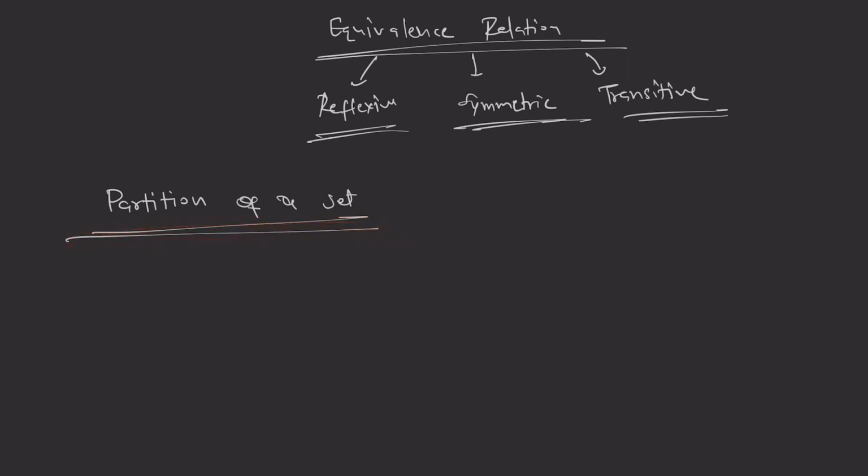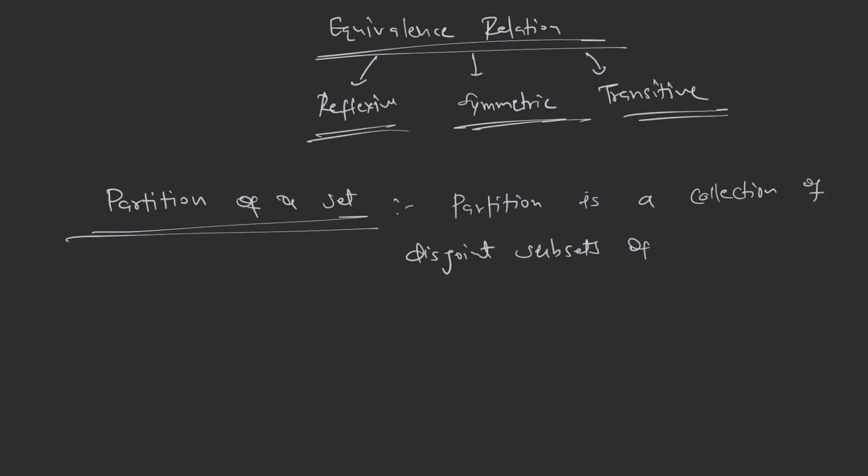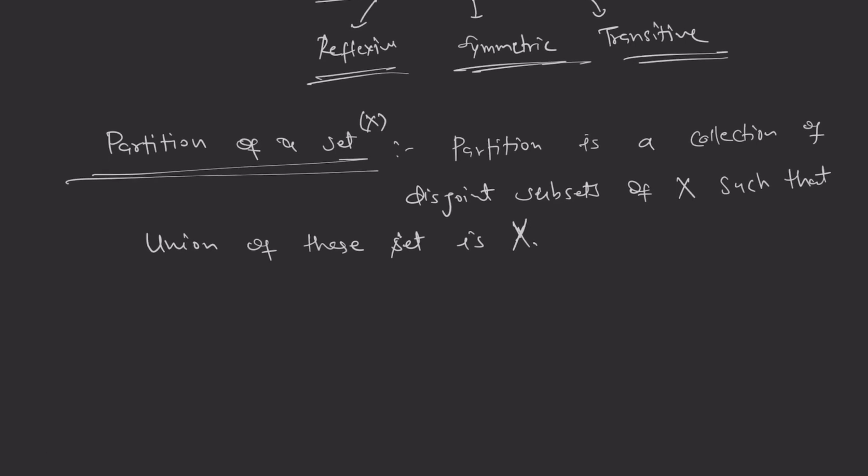Okay, partition is nothing but a collection of sets. A partition is a collection of disjoint subsets of X, where X is a set, such that the union of the sets is X. Okay, this is called the partition.